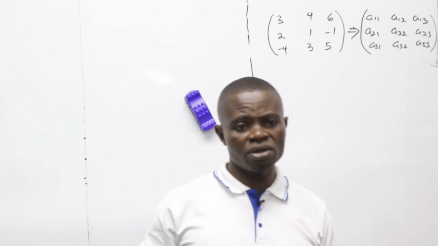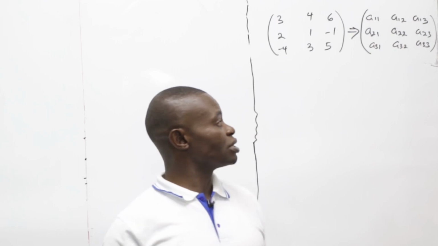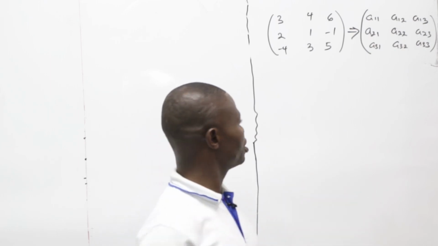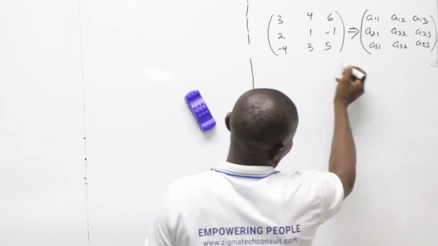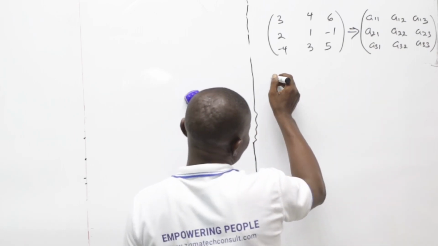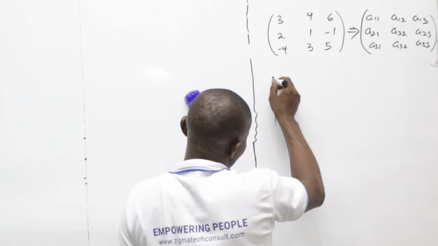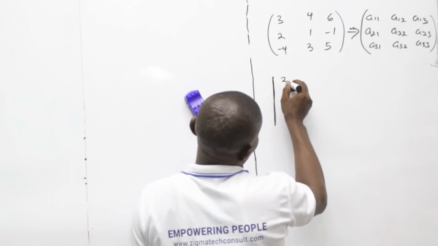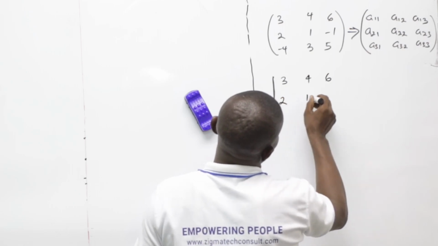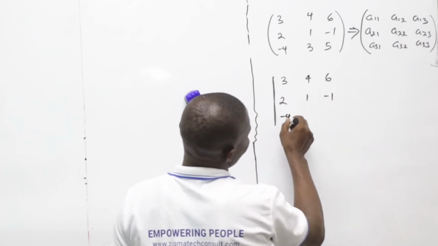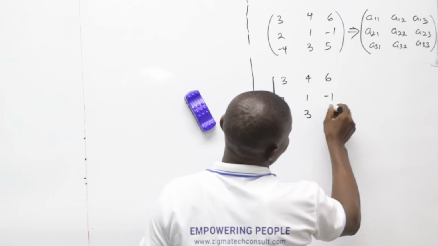Whenever you're looking for a solution, you don't need to give up or begin to think about how lengthy what you're doing is. Now, this is a matrix. You must transform it to the symbol of a determinant by saying this is 3, this is 4, this is 6, 2, 1, minus 1, minus 4, 3, 5.